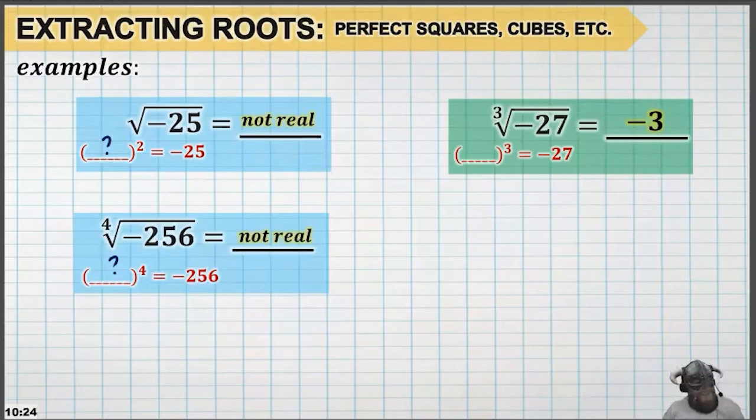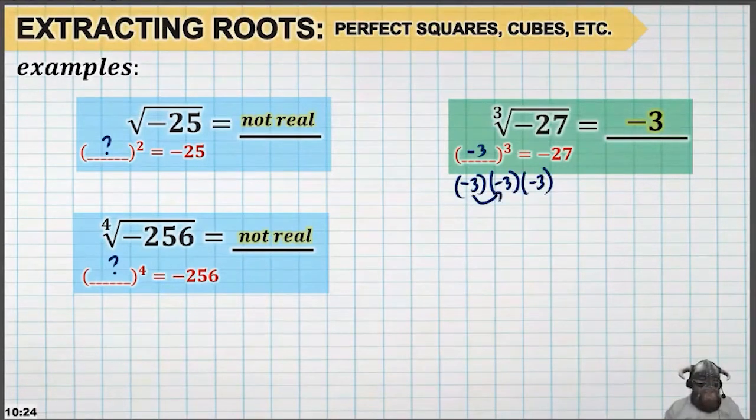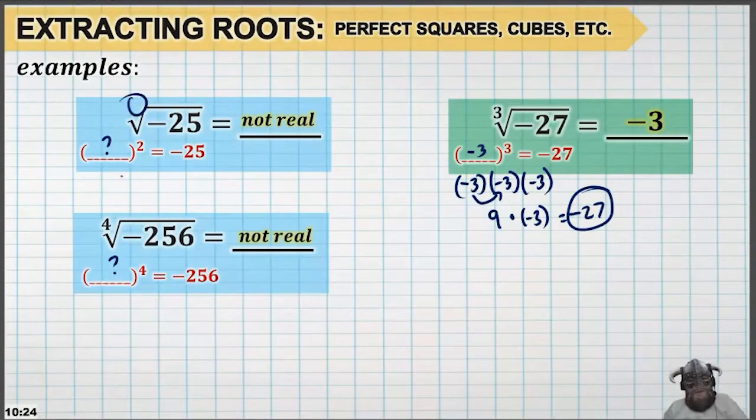You will think of a number that if you raise it to 3, the answer is negative 27. Hindi not real yung sagot. Meron. Negative 3. Tignan natin ha. Negative 3 times negative 3 times negative 3. Negative 3 times negative 3 is positive 9. Then, times negative 3, the answer is negative 27. Ah, pasok. Meron. Ang pagkakaiba nito, ito square root, ito fourth root, ito cube root. Iba yan. So, hindi pa laging not real yung sagot.